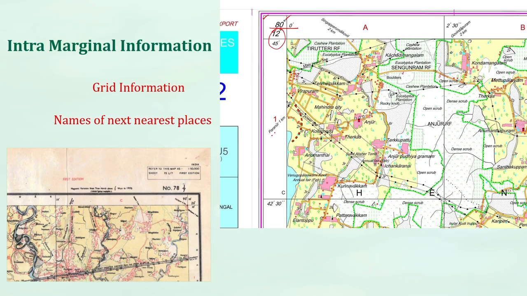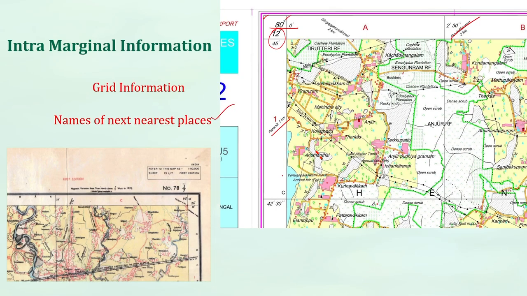So, values of latitude, longitude or coordinate system we can find. Another thing, see Paranur 1 kilometer, right, Govindapuram 2 kilometer, like that. Names of the next nearest places can be shown as intramarginal information, and if there is any road extension or railway line extension, it will also be numbered.